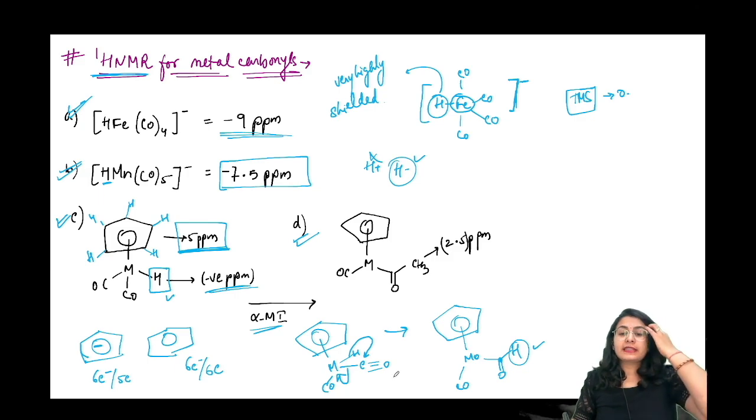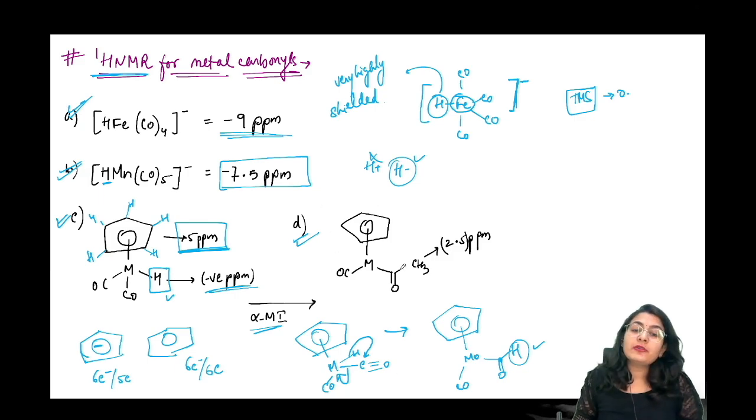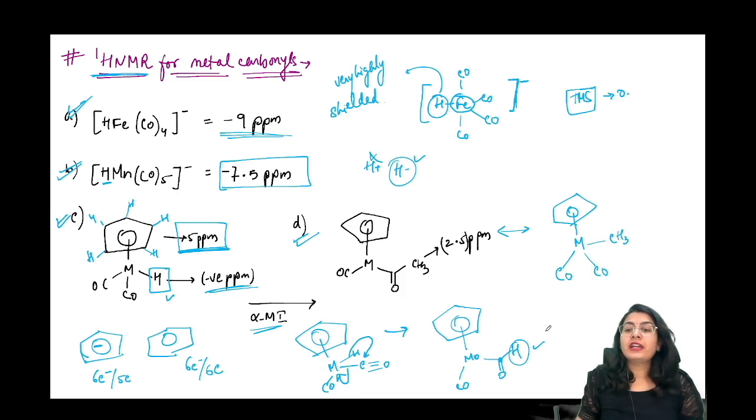Just like this. Now in the next example over here, this molecule can still have a change in the presence of heat, that could be like this. The methyl can directly be connected to the metal.